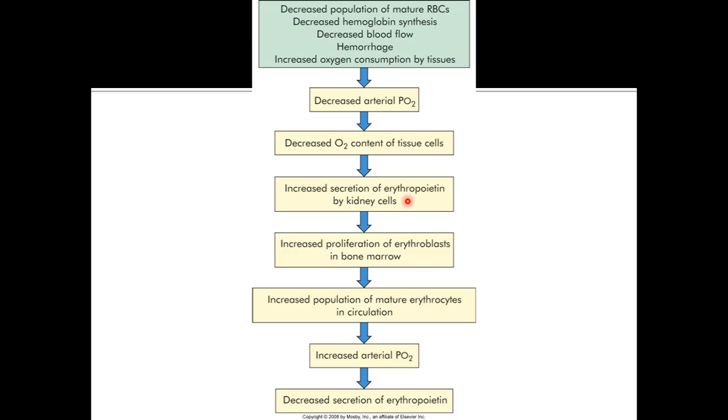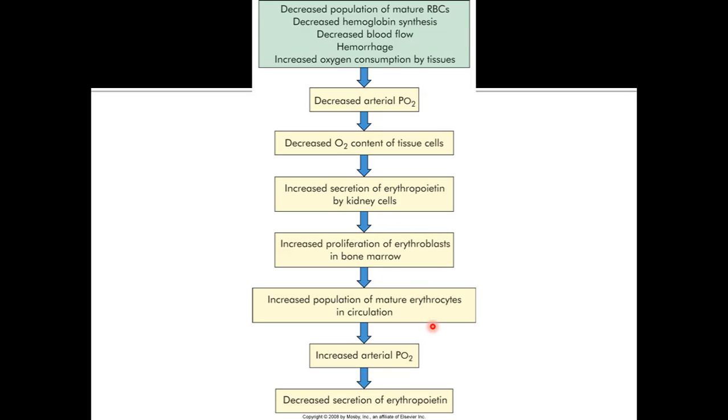The kidneys are monitoring whether or not there's enough oxygen concentration in the blood, but also whether or not there's enough red blood cells and hemoglobin concentration in the blood. If there's not, then these specialized kidney cells will produce and secrete EPO, and then EPO will travel to the bone marrow to stimulate the formation of more red blood cells.